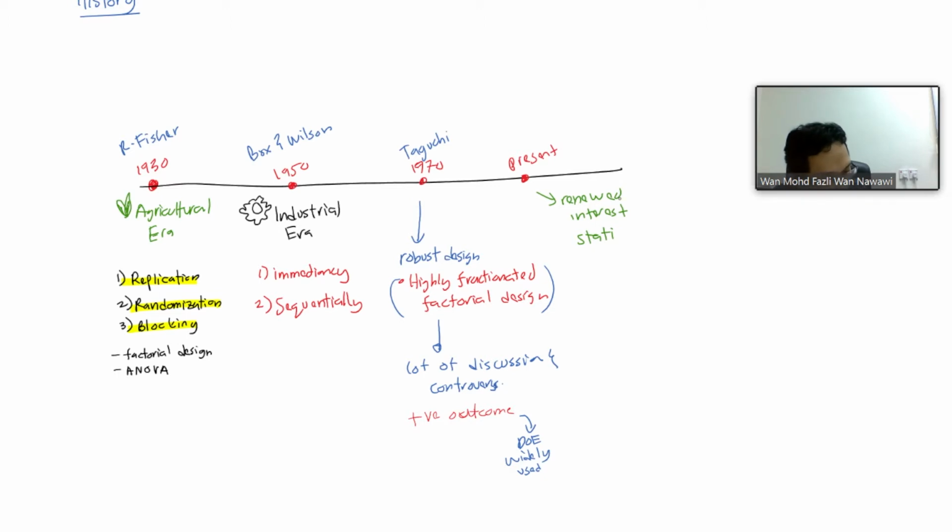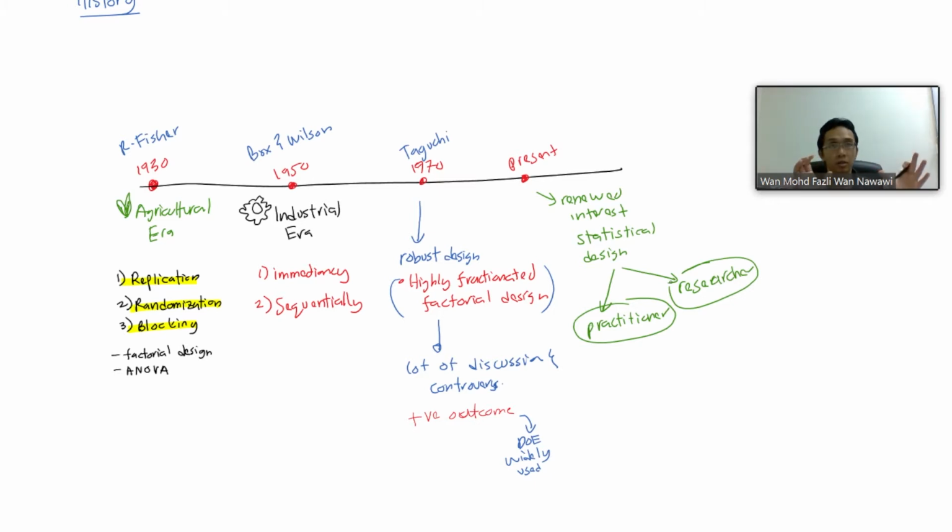But here, there is renewed interest in statistical design, so you need to use analysis also, for both practitioners and researchers. Both industry and non-industry now start to widely use this.